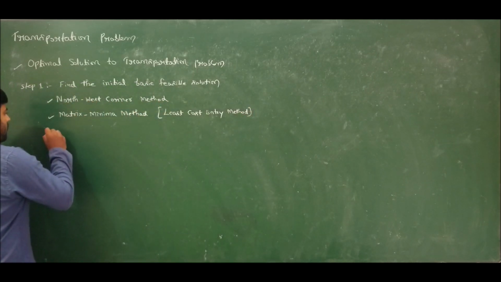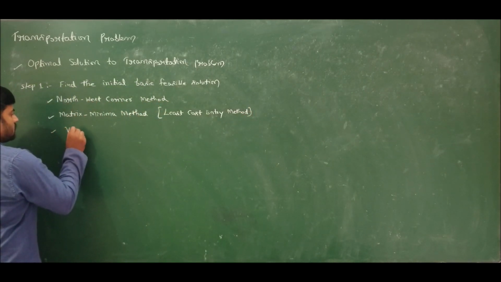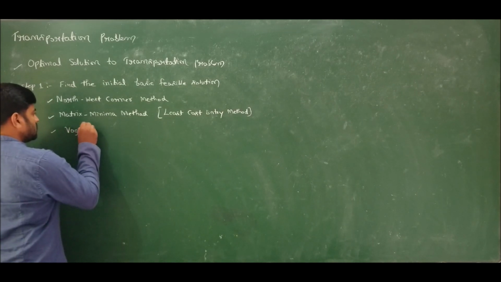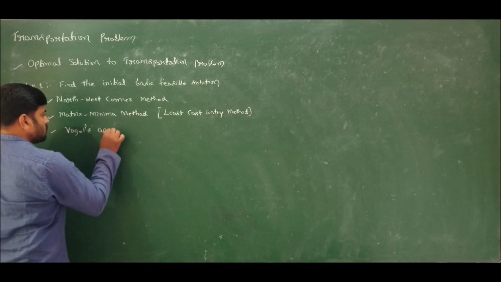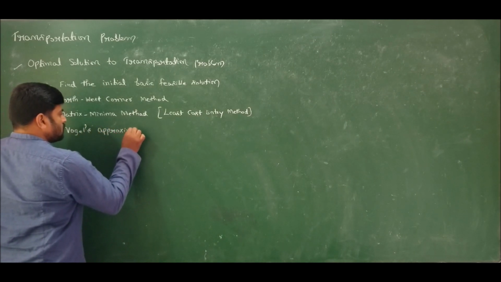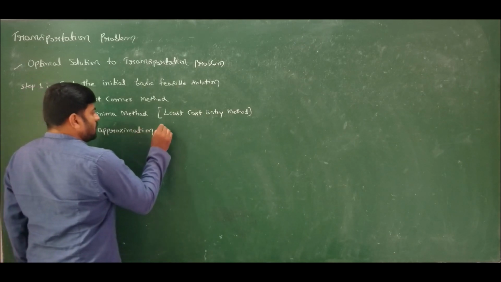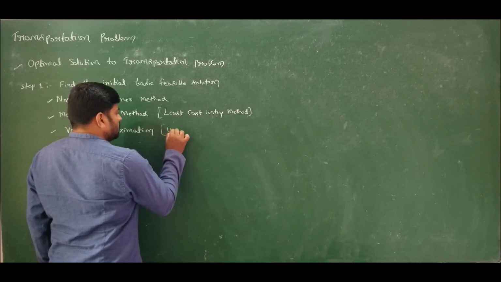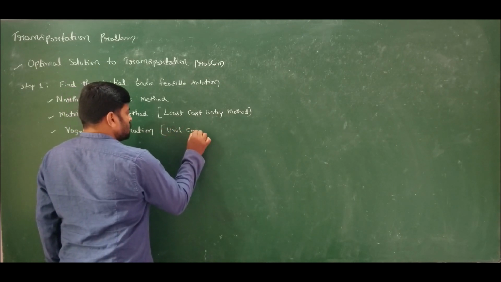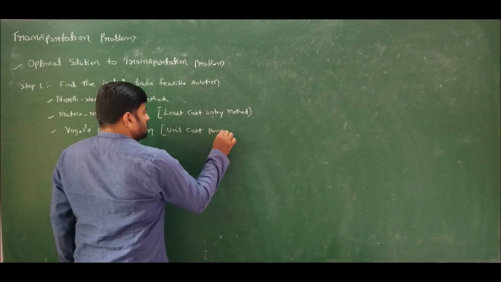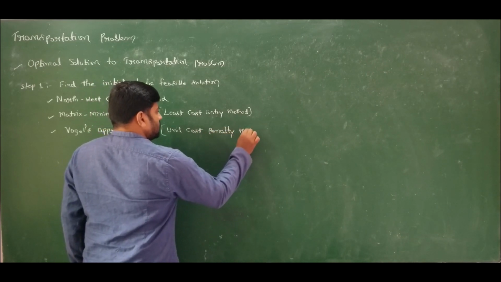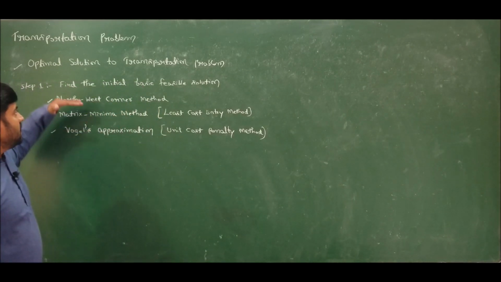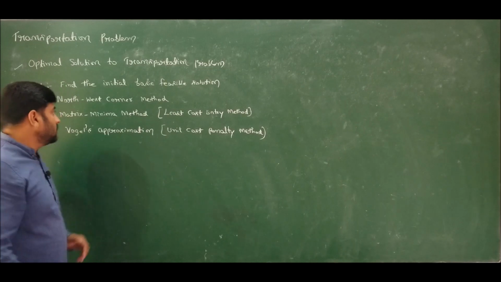And finally, we have the popular Vogel's approximation method. Vogel's approximation method is also called unit cost penalty method. So, using any one of these 3 methods, we will be finding the initial basic feasible solution.